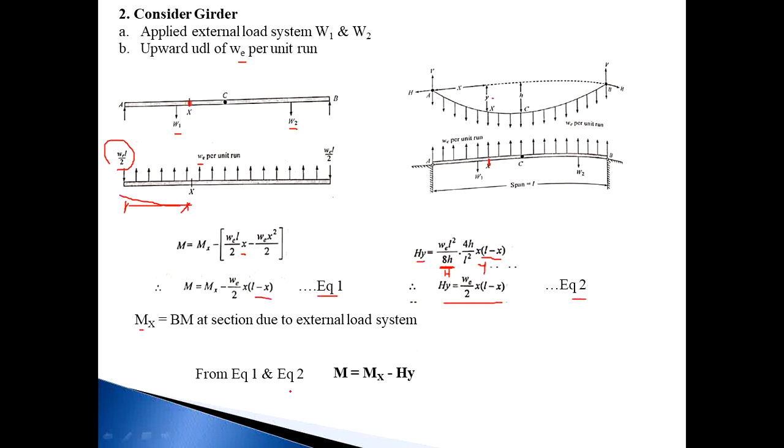From equation 1 and 2, we get M is equal to Mx minus Hy. Both are moments. H is a force, y is a distance, so it becomes a type of moment. So the final moment is equal to Mx minus Hy.